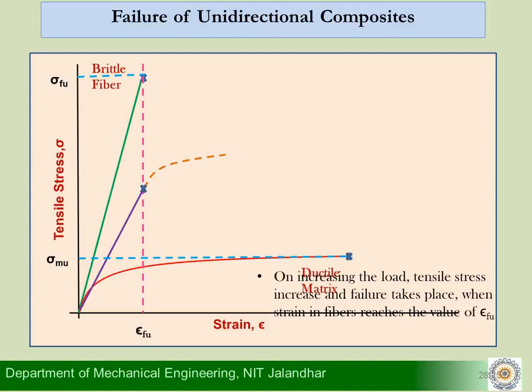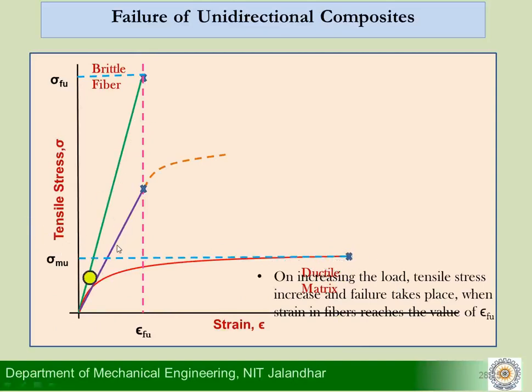Okay, so we are seeing here that it will fail here. Look at it carefully: the matrix alone could have withstood this much strain, too large a strain. The fibers in a composite material cannot sustain this much strain.